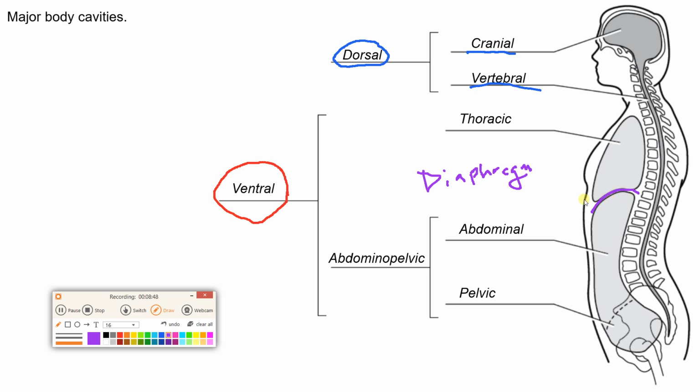And the diaphragm is going to separate our ventral body cavity into a superior region, which is known as the thoracic cavity, and an inferior region, which is known as the abdominopelvic cavity. Now, the thoracic cavity, of course, is nicely protected by the rib cage. It is going to have your heart and your lungs in it.